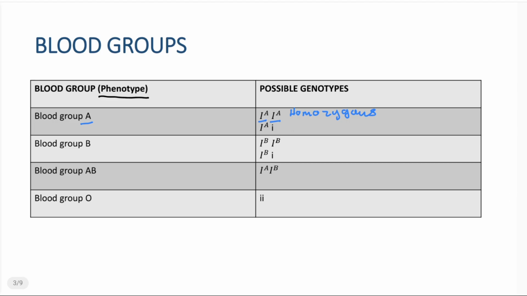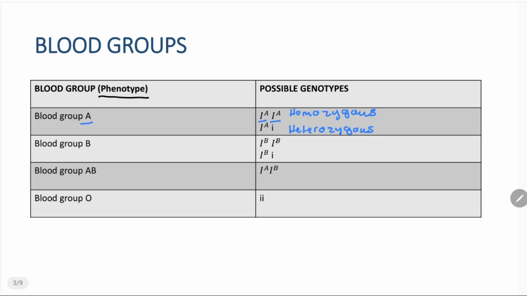But a person with blood group A can also be heterozygous. Remember, the word hetero will simply mean different. The word homo will simply mean same, right? So if a person, for example, inherits capital letter I to the exponent of capital letter A from the paternal origin and small letter i from the maternal origin, this person is going to have blood group A. And that is simply because we know that the allele for blood group A is dominant to the allele for blood group O. So in this example, the allele for blood group A is going to determine the phenotype.